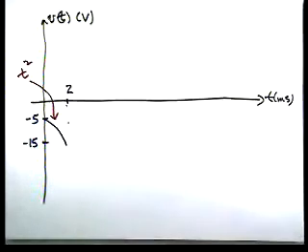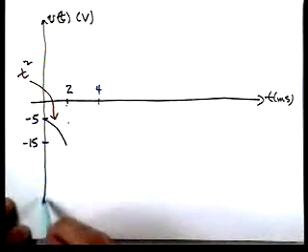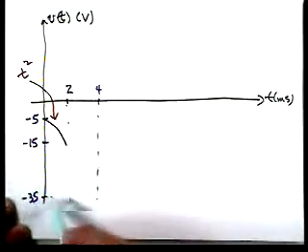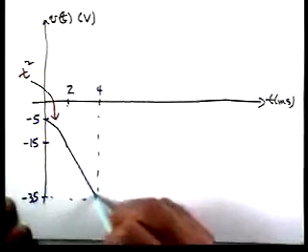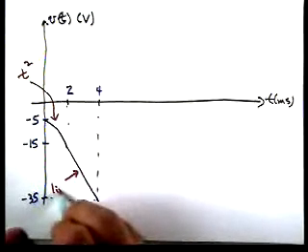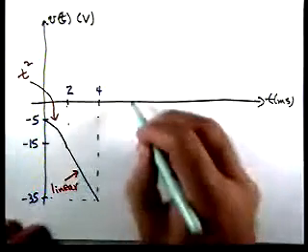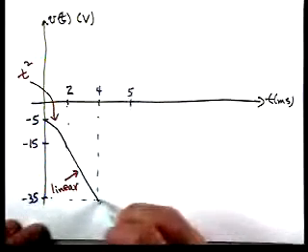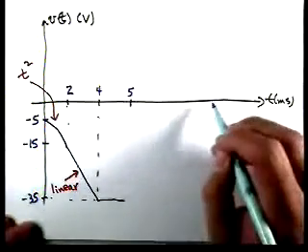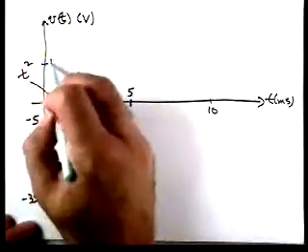Then out to 4 milliseconds, we go down to minus 35. This part of the curve is linear because we've got a constant current. Now it stays at minus 35 for 1 millisecond. Then it starts coming up, and by the time it gets to 10, it's up at 15.